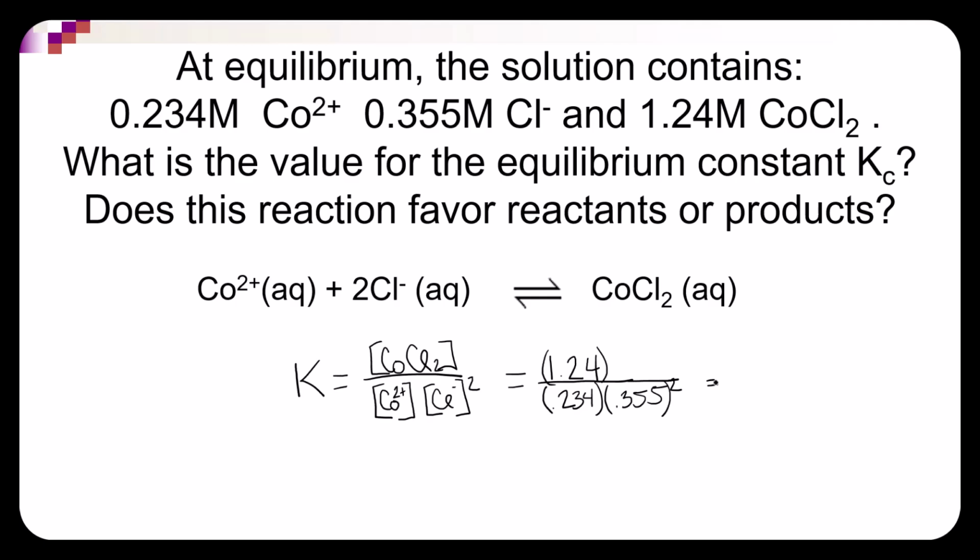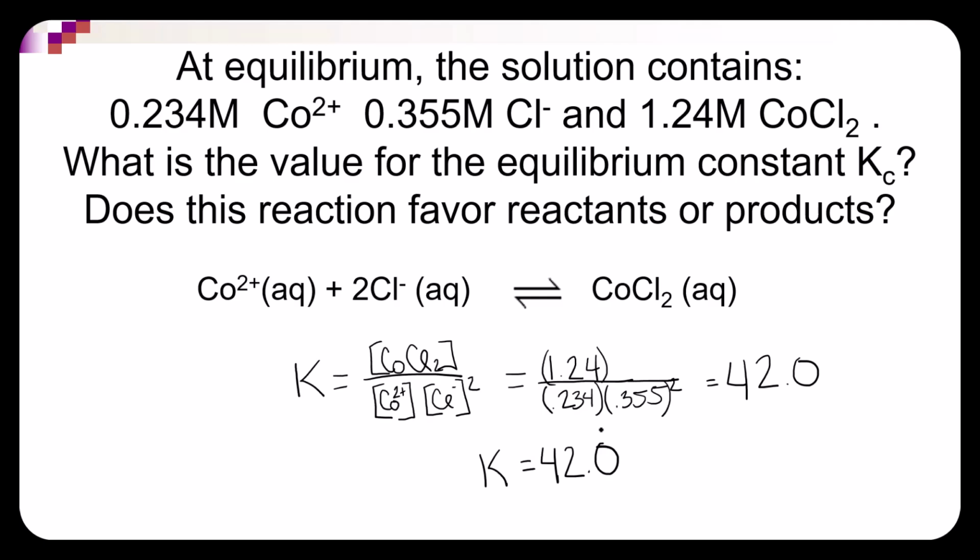So plug this into our calculator, turn it on, 0.124 divided by 0.234 times 0.355 squared. And I get a value of 4.2. So that was me calculating that K value.